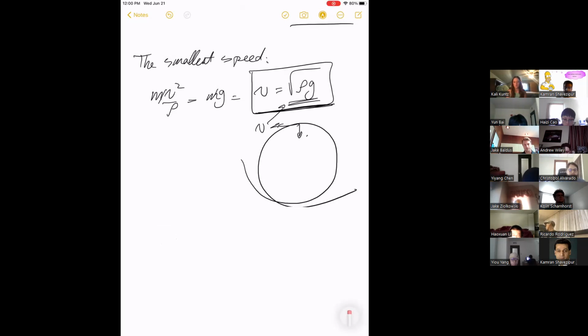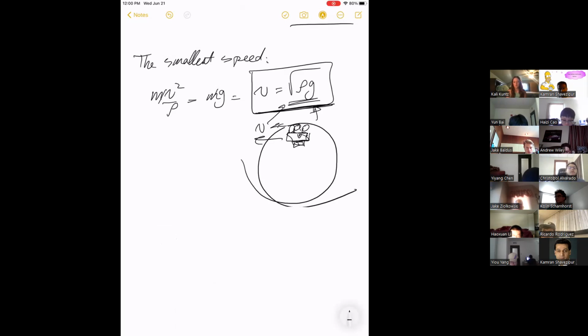And some of these stunts, they do it with bikes or motorbikes, or I've seen a couple of times they do it even with cars. For the car to be able to go all the way here, and it's not the best car, obviously, it has to have a speed bigger than this so it doesn't fall.